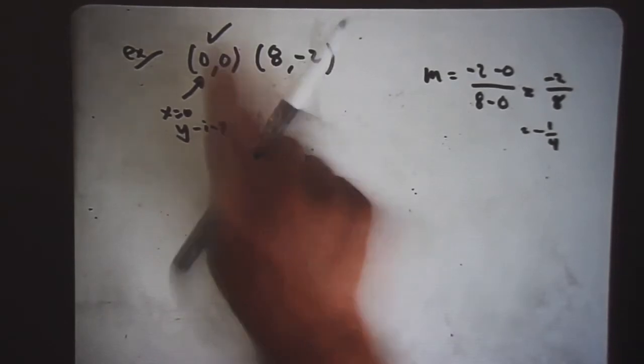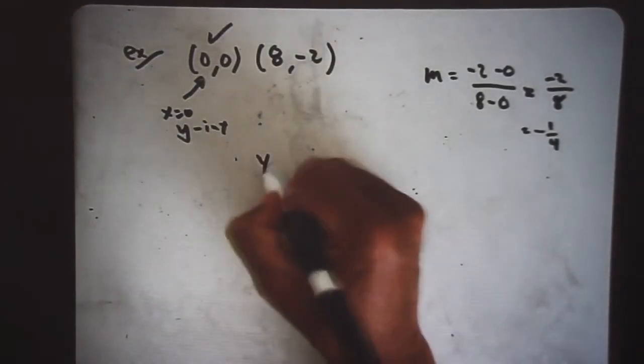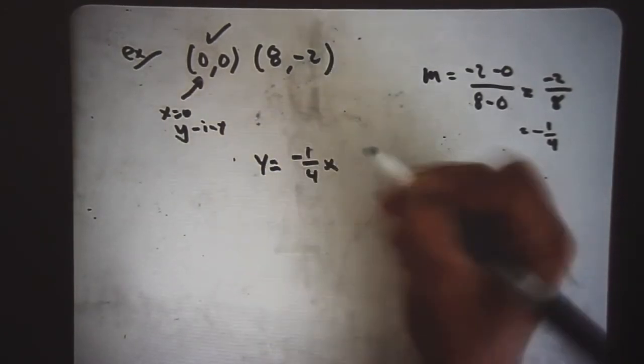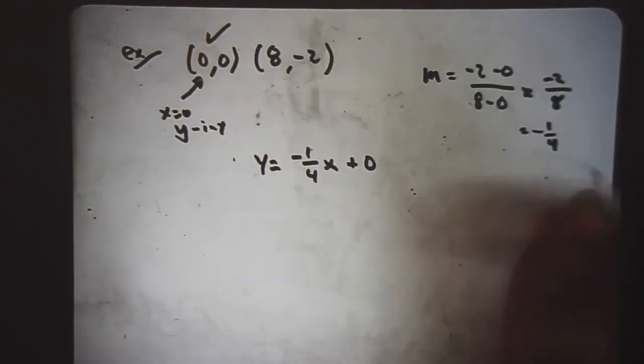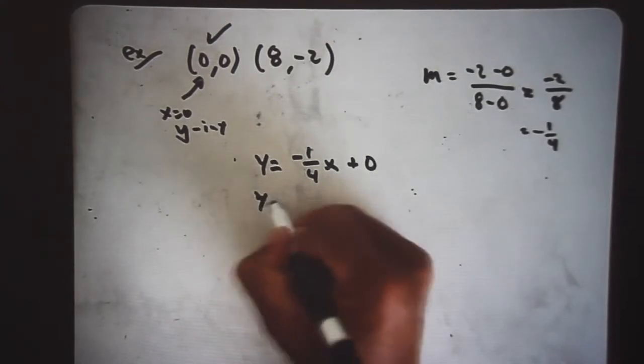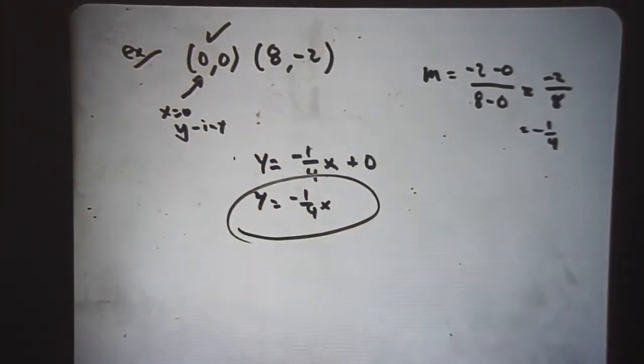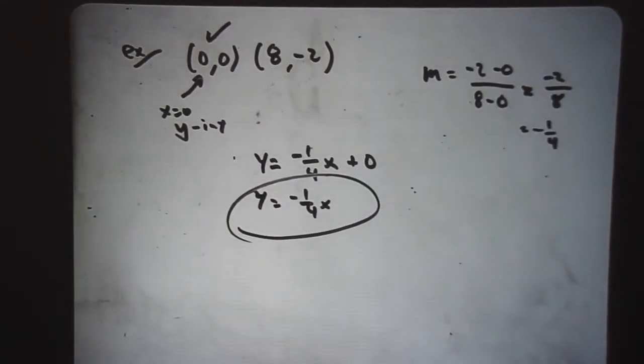That's the y-intercept. So I can say straight away y is equal to the slope, -1/4 x plus 0. Or just straight away y equals -1/4 x is plenty. There's the equation of the line in mx plus b form, and we're done with that particular problem.